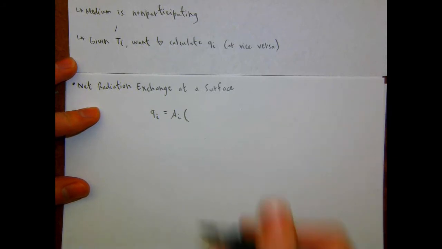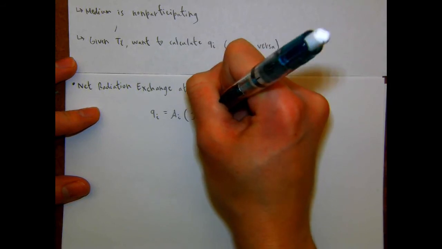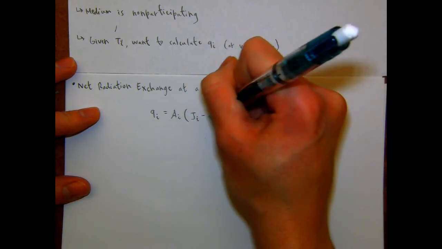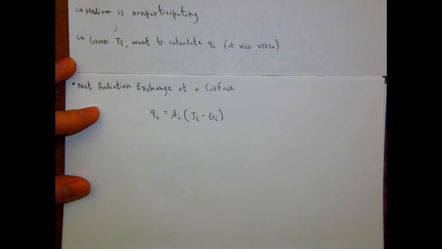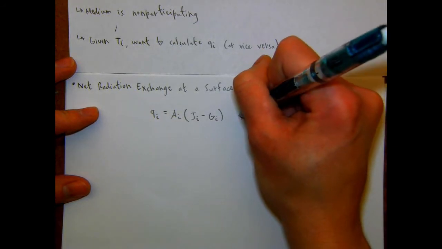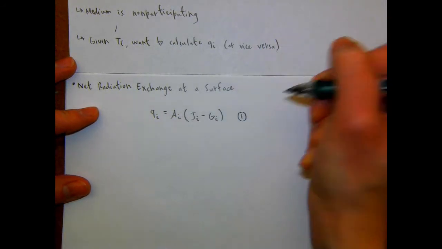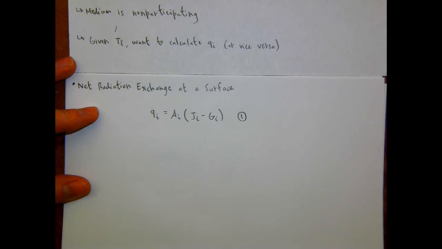And so the total radiation leaving the surface is the radiosity, and what's coming in is the irradiation. So we're going to end up with several different expressions for Q sub I. So I'm just going to label them as the more important equations for Q sub I.